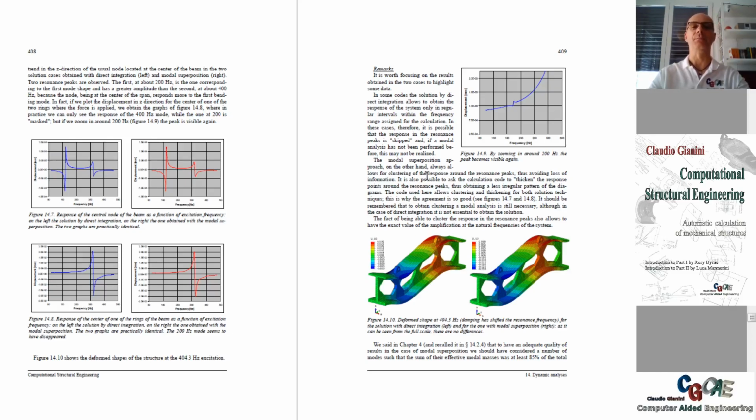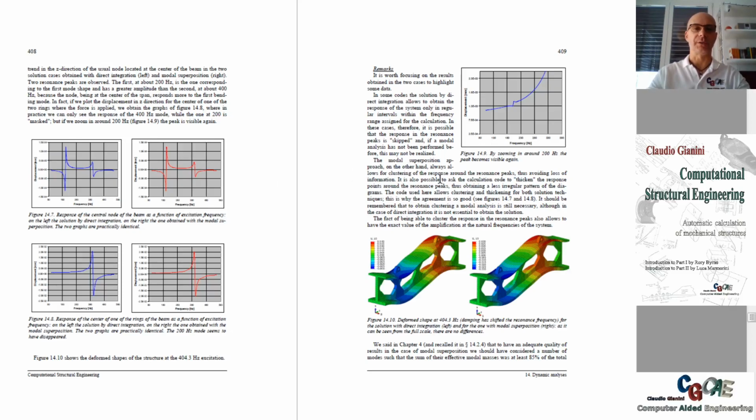And then how many modes we have to consider in the superposition, and the answer is given by the effective modal masses. Rule of thumb again there is to use at least 85% of the total mass, where with mass we mean mass and moments of inertia.